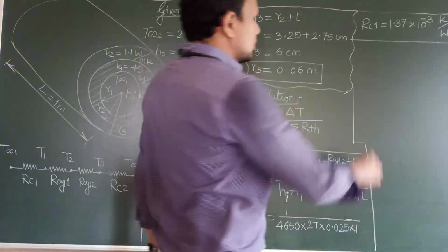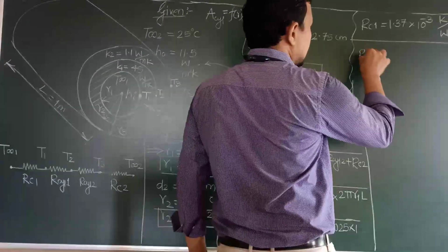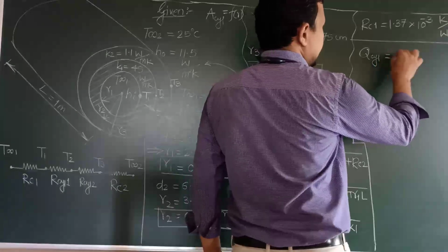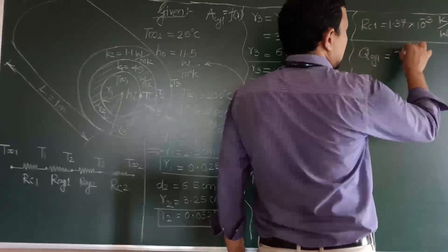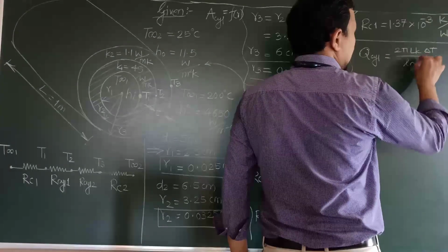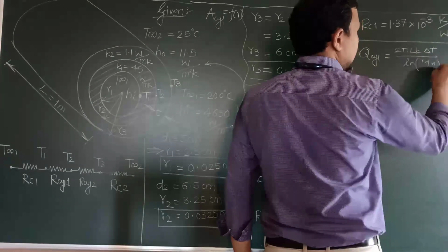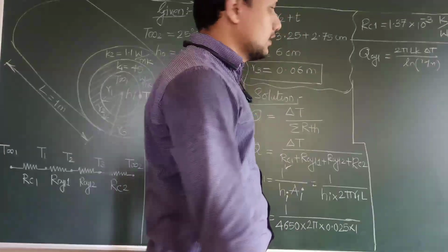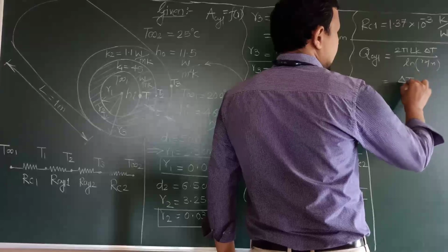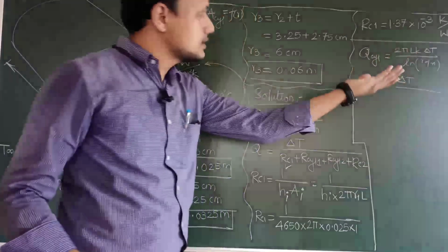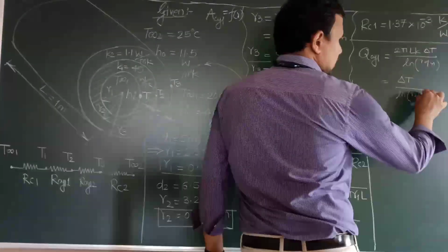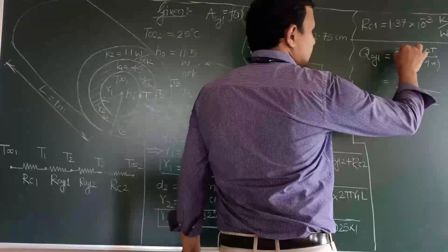Now we will move on to the conduction resistance of the cylinder. How do we calculate that? We know that the cylindrical heat transfer is 2 pi Lk delta T upon ln of R2 by R1. This we have already known from the Fourier's law application. Now if we keep only delta T in the numerator and everything else in the denominator, we get ln of R2 by R1 upon 2 pi Lk.